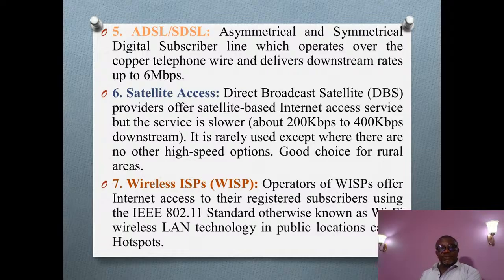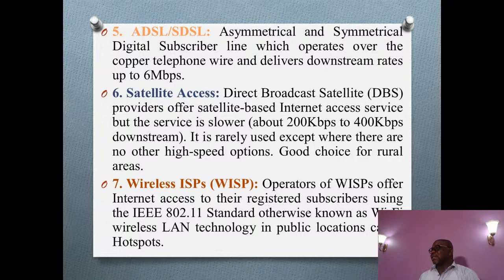Then the fifth one is the ADSL, SDSL, which stands for the asymmetrical and symmetrical digital subscriber line, which operates over the copper telephone wire and delivers downstream rates up to 6 Mbps.